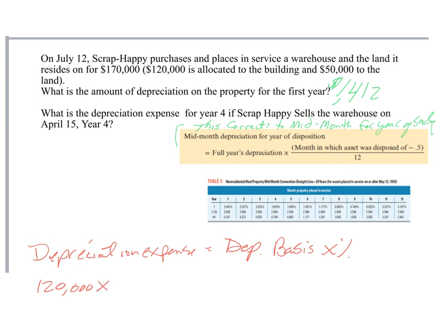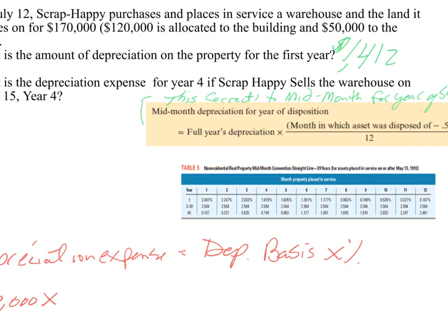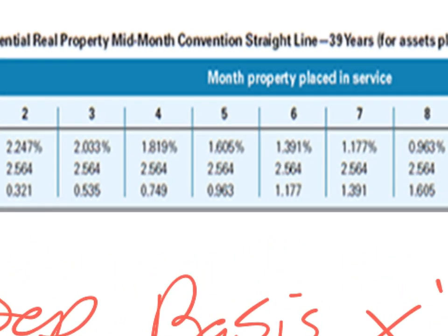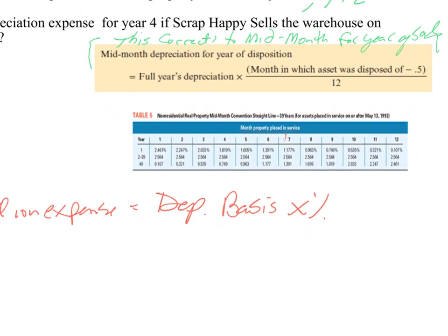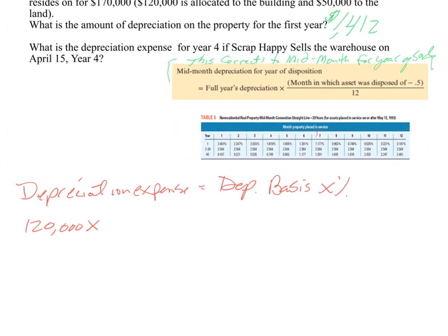We're talking about year 4, okay? And this is very important. I'm going to expand up. Look at how this is labeled, okay? This is for the month the property is placed in service, okay? So when did we place this property in service? We placed it in service in July. So this is always going to be the column we use initially, all right?